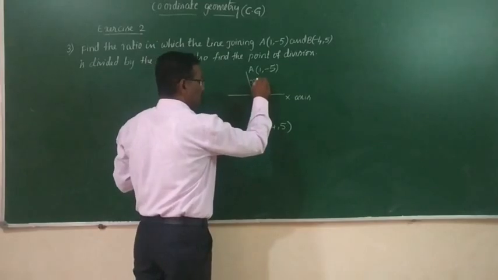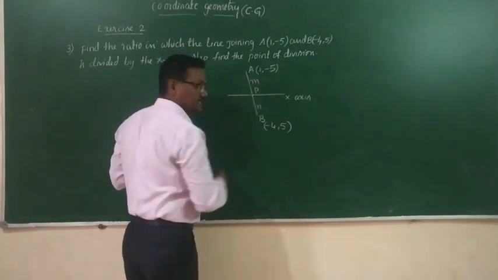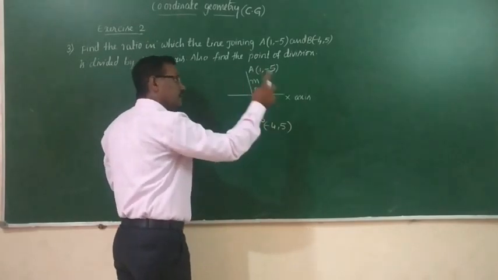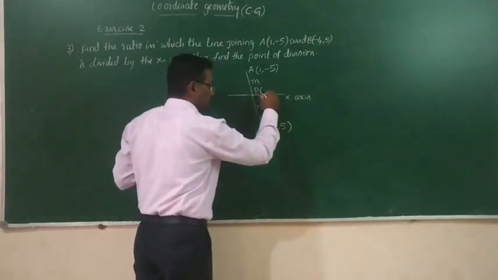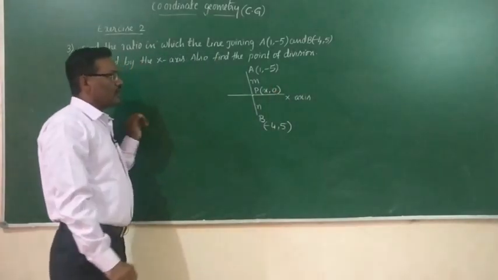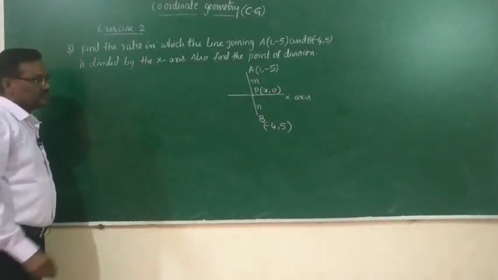Which is the section point? The point P, which is on the x-axis. On the x-axis, the point we know is (x, 0), because on the x-axis the y coordinate is 0.